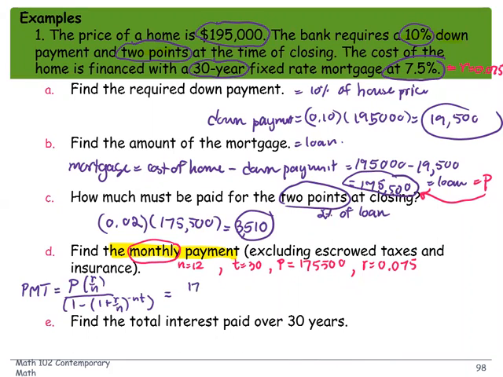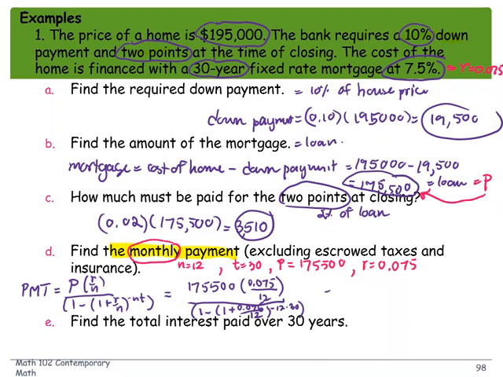So P, 175,500, multiplied by R, which is 0.075 divided by N, which is 12, close the parentheses, draw the line, and then open the parentheses for the denominator: 1 minus, open another parenthesis, 1 plus 0.075 divided by 12, raised to the power negative, N is 12, multiplied by 30, and then close the parentheses.